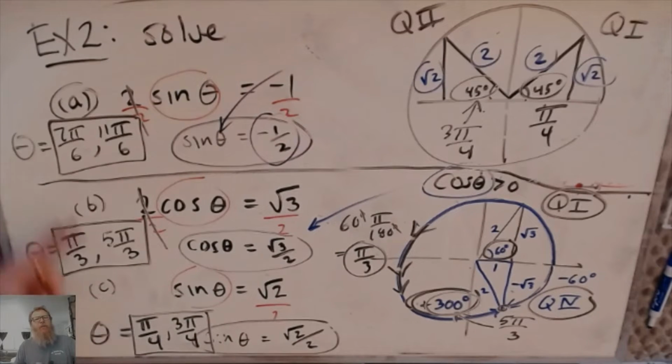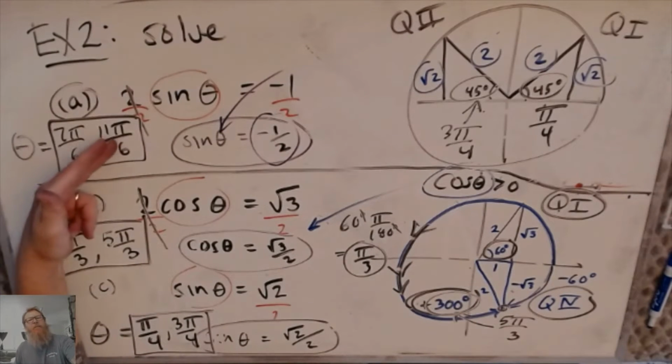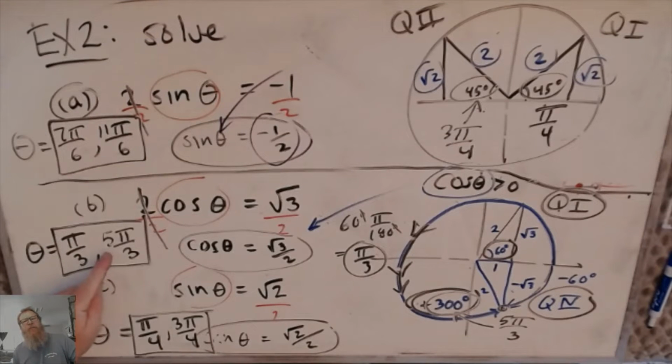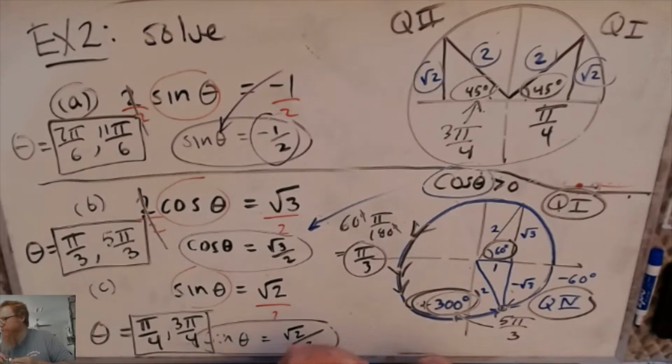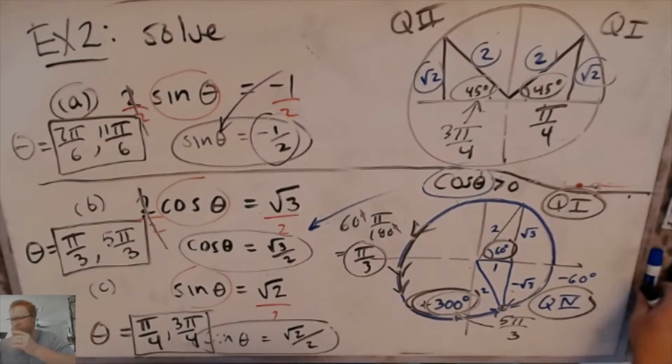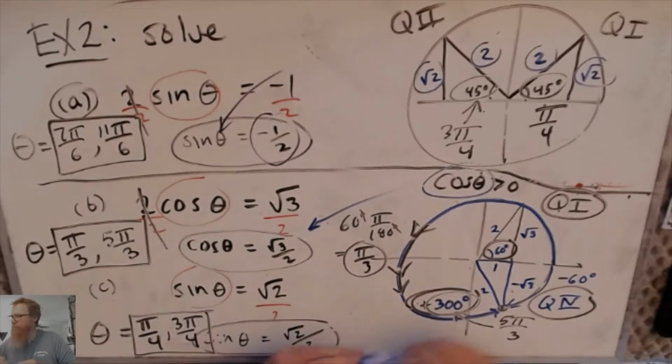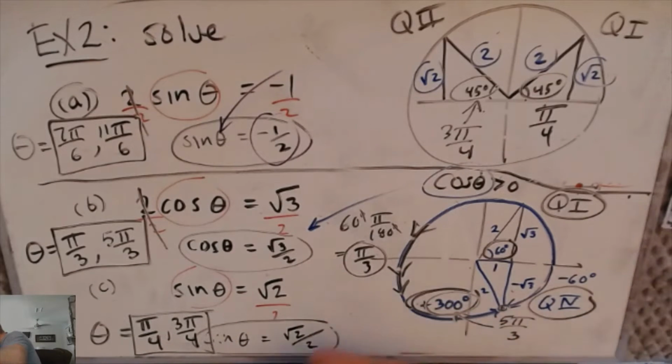All right, so here are your answers. 7 pi over 6, 11 pi over 6, pi over 3, 5 pi over 3, and pi over 4, 3 pi over 4. All right, so that's the basic idea of using the unit circle.